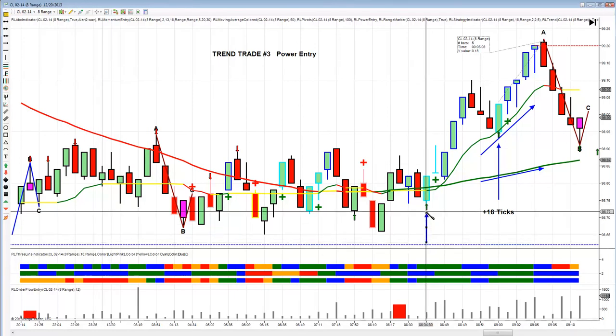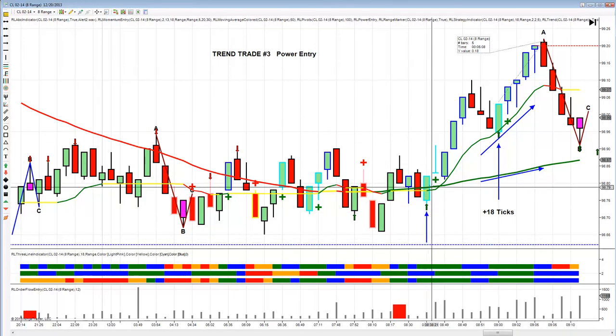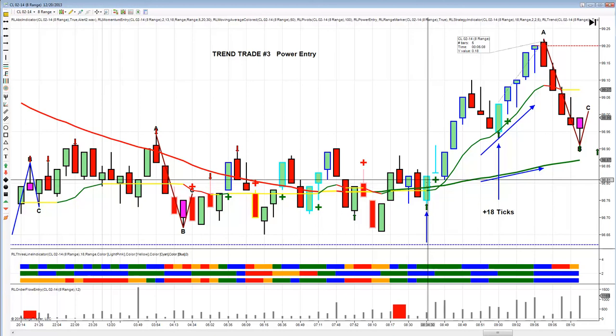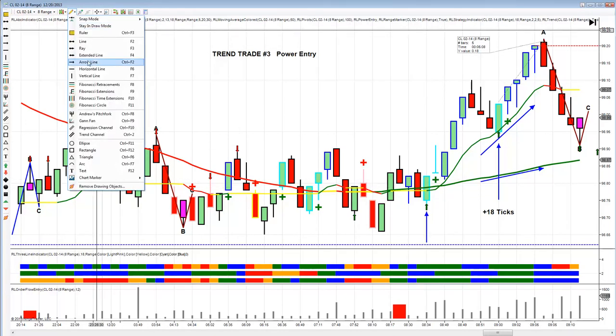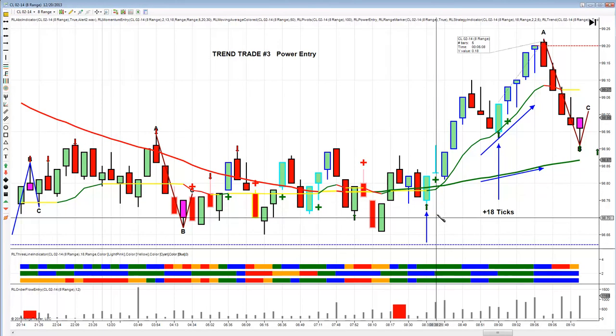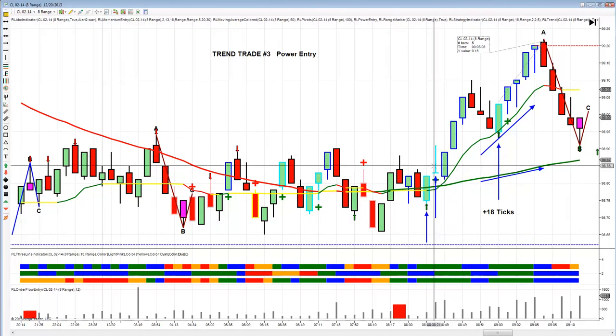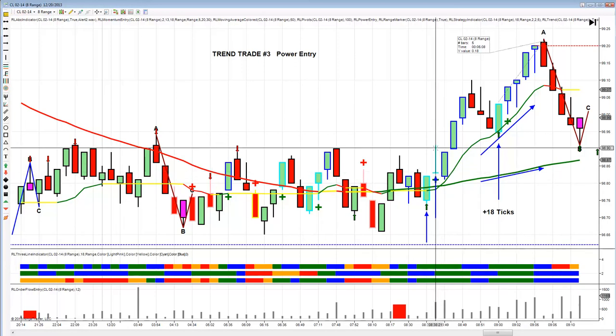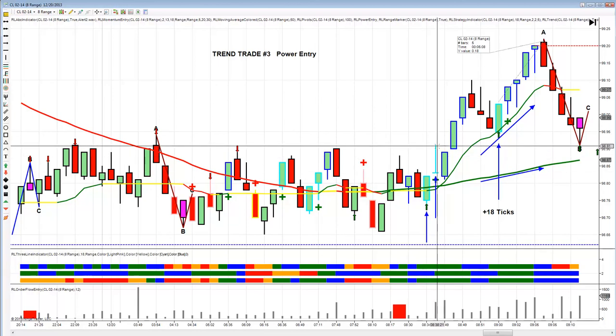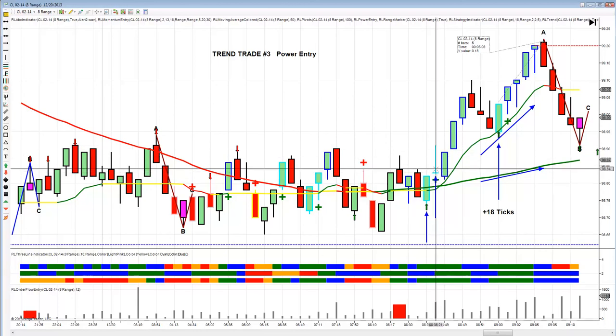Power entry, but there's no break of the 50 and no break of the 15. No 2/3 candle close. Now we get a doji. There's no candle body, so you can see that there's really no significant buying or selling conviction. Buyers are pushing sellers around.